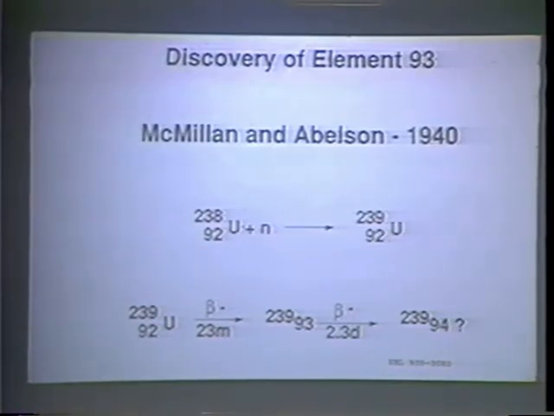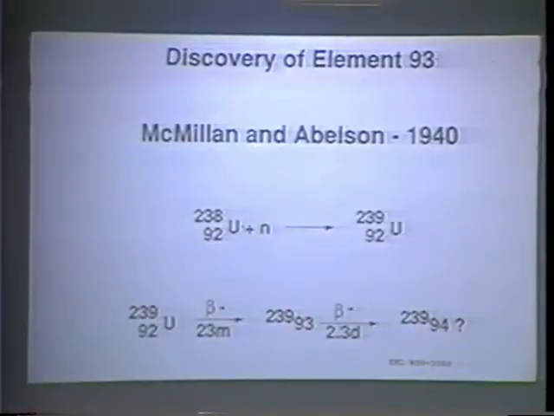And they found that it was an electron emitter, a negative beta particle emitter, but they couldn't find the daughter, which was expected to be an alpha particle emitter, because its half-life was too long. It just didn't decay fast enough so that you could detect the alpha particles.